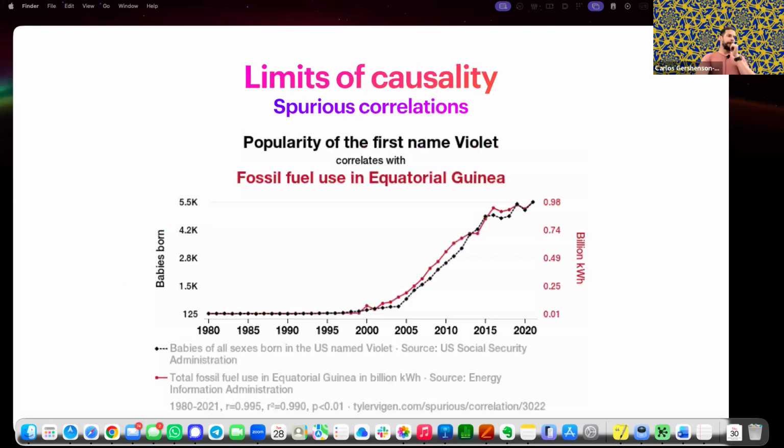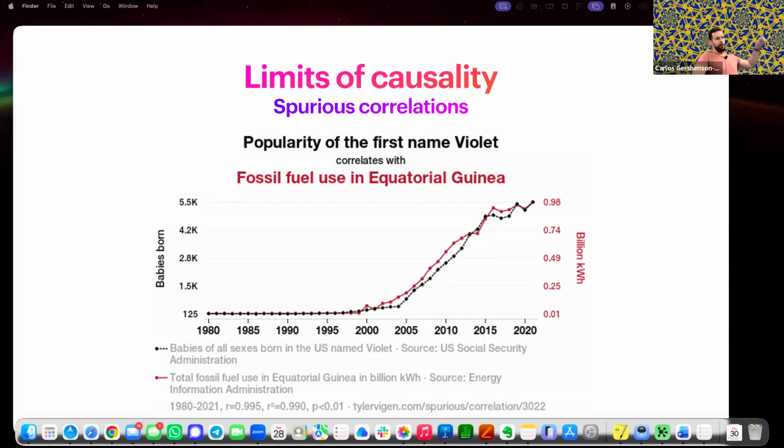And there are also limits on causality, that it's one of the most useful or necessary concepts in science. Like, okay, something causes something else. And we have Bayesianism, we have Judea Pearl's books on causality and so on. But again, they have limitations. One of them is spurious correlations.